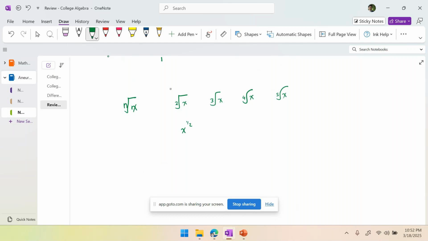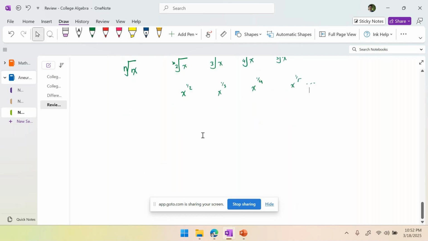For only this one, you don't need to write the 2 in the root, so you can just write it like this, but for everything else you need to mention the number. So this is the cube root, the fourth root, the fifth root, and so on. Okay, so what about the graph?